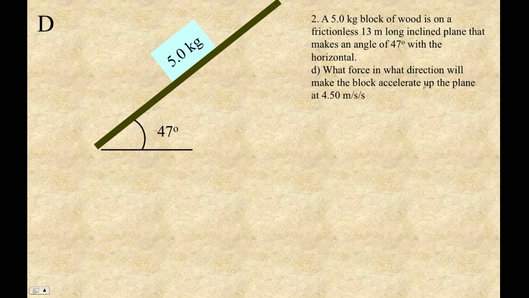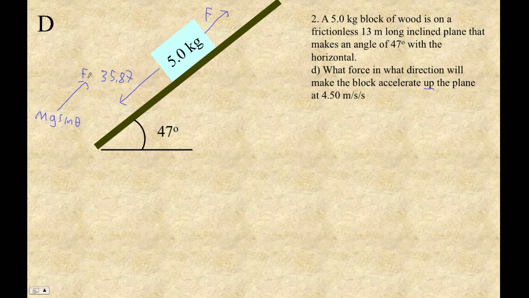It's accelerating up the plane, and we have some unknown force. We know it's going to be an up the plane force, but we always make unknown forces positive. We still have down the plane the 35.87, the mg sine theta we figured out, the force parallel.